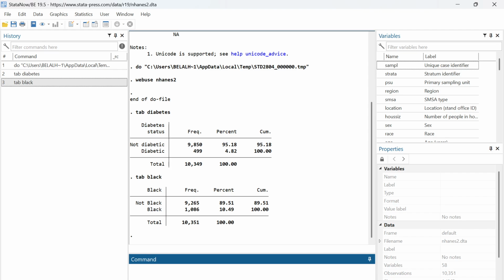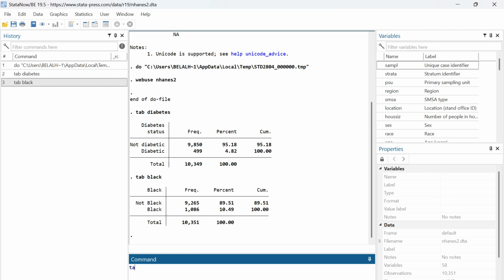So we're interested in understanding if black, the variable representing race, is related to any higher probability of diabetes or not, right? If we see that the black people or the non-black people have higher probability than the other in terms of having diabetes, then these two variables are related. So we can confirm that by chi-square test.